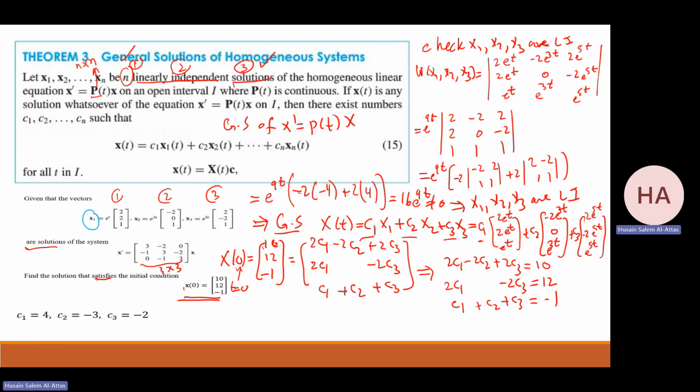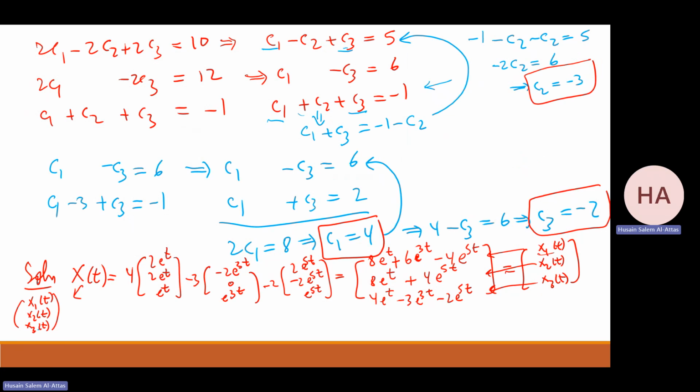When he wrote x1, he meant the vector. These are the vectors, capital X1, capital X2, capital X3, not the small functions. There's a difference between them. Let me do this one to make it clear.